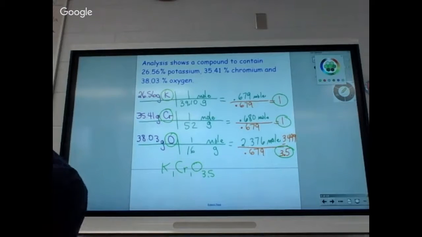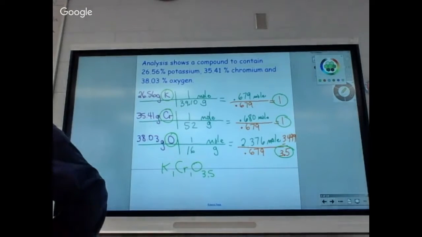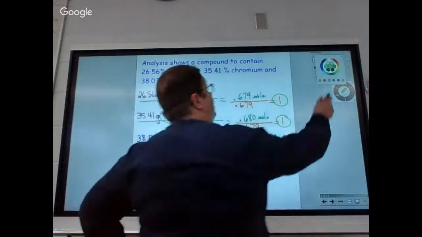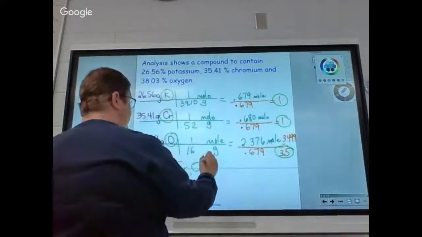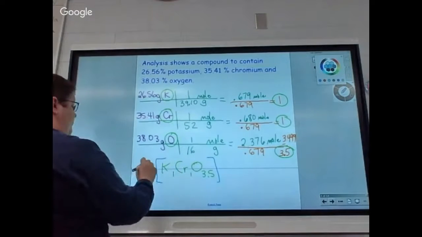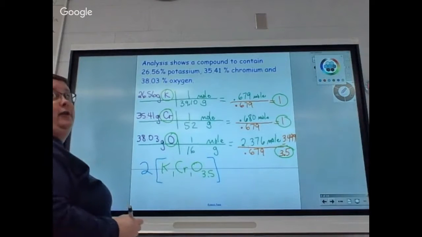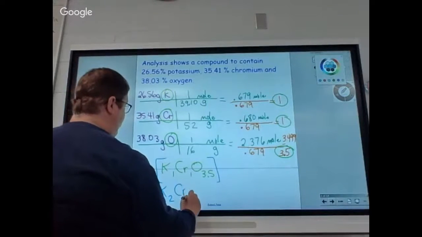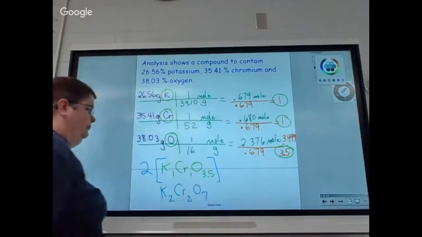So think math class. How do you get rid of a half in math class? And first of all, don't tell me you've never done it because you have. All right. How do you get rid of a half in math class? Multiply by 2. Yes, you multiply by the reciprocal. Very good, Jonathan. K2, Cr2, O7.